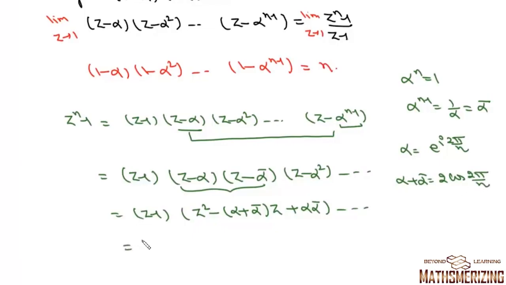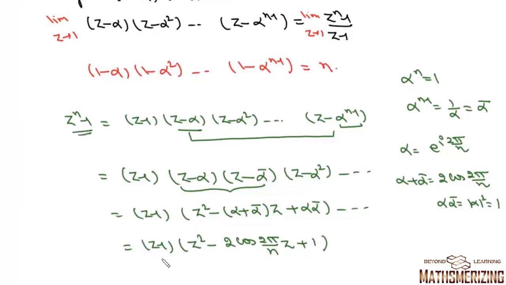We can write this as (z minus 1) into (z square minus 2 cos 2 pi by n into z plus alpha into alpha bar), where alpha into alpha bar is mod of alpha square, and modulus of any nth root of unity is nothing but 1. So we have expressed this z to the power n minus 1 as product of linear and quadratic factors.